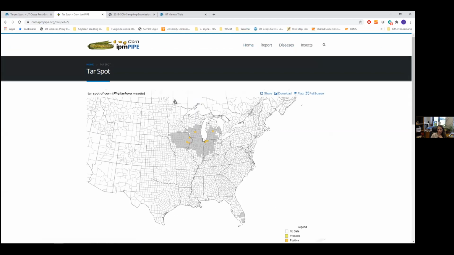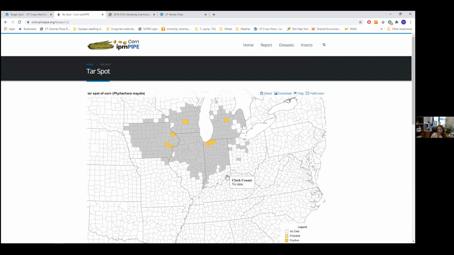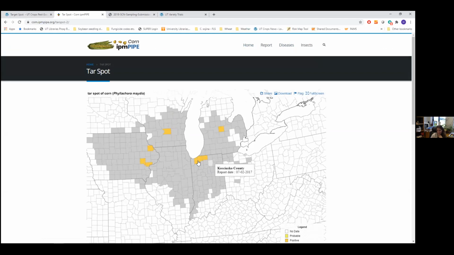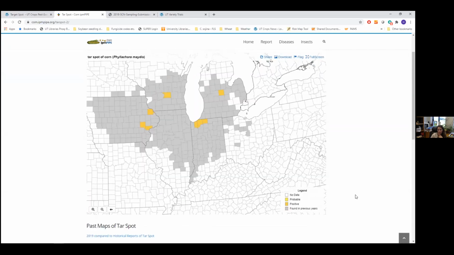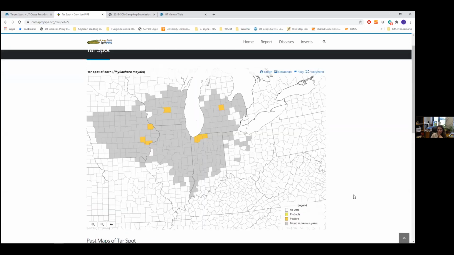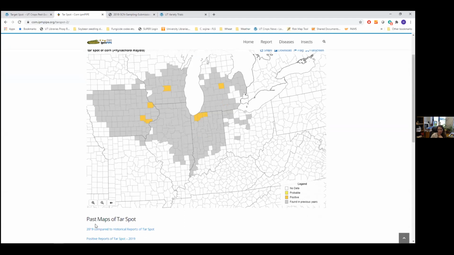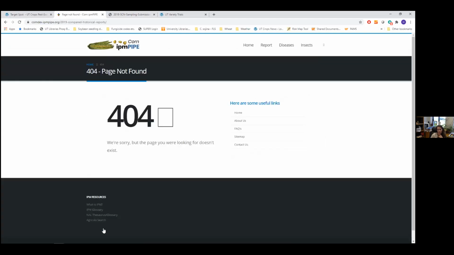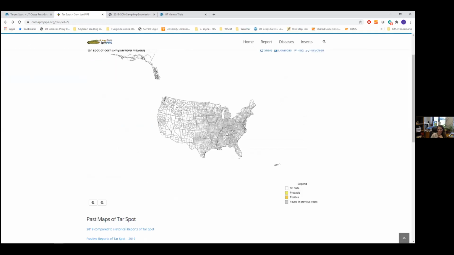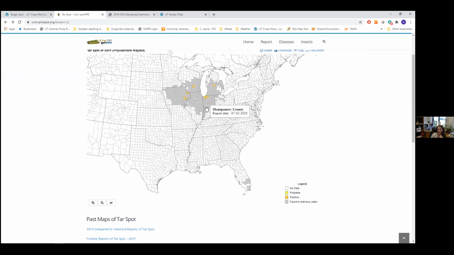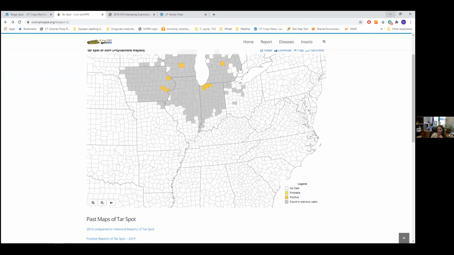Right now, I think those are positive ones, no probable ones up there. There are some cool features with these maps. You can compare to historical reports. Unfortunately, it's just not working right now. Hate that, but again, this is tar spot, to be aware of it.